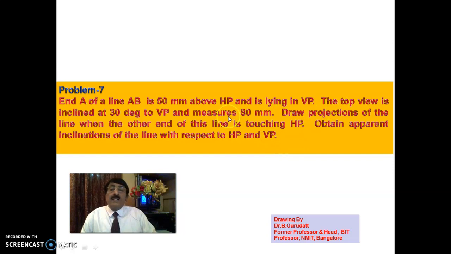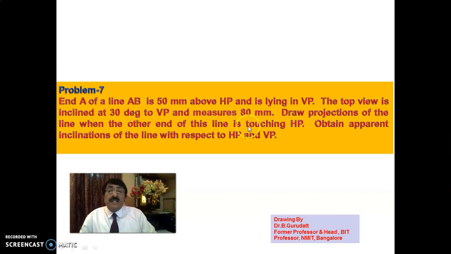See here, the top view of the line is inclined at 30 degrees to VP. Top view inclined at 30 degrees to VP means beta is given, and they have given the top view length also, 80. Two parameters are already over and you will be searching for the third parameter. The third parameter says draw projections of the line when the other end of this line is touching HP, which means the other end B dash should be on the XY line.